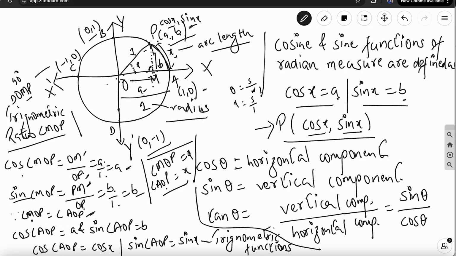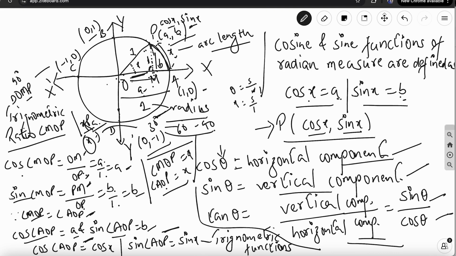So once we substitute MOP with AOP, we get cos of AOP is A and sine of AOP is basically B. And here from trigonometric functions, we know that cos of x is basically A and sine of x is equal to B. So once we substitute here, we get cos of angle AOP is basically equal to cos of x and sine of angle AOP is basically equal to sine of x.